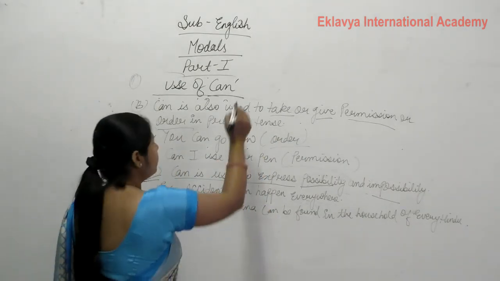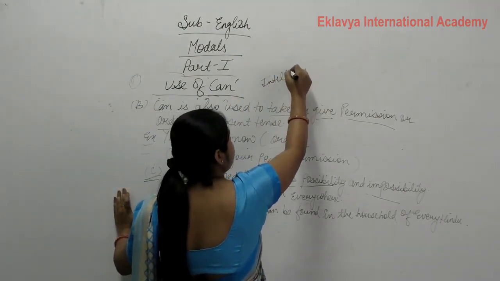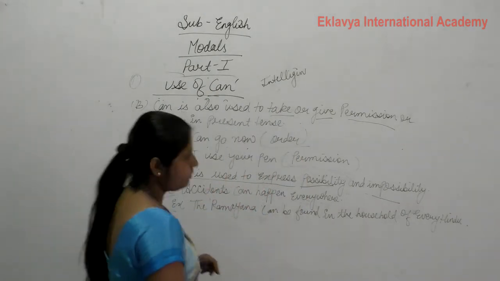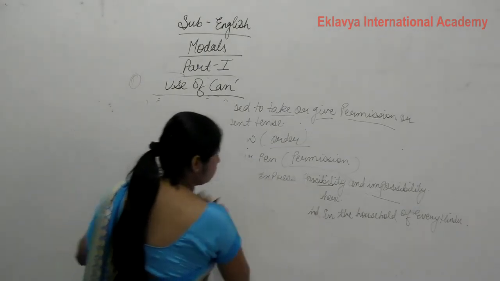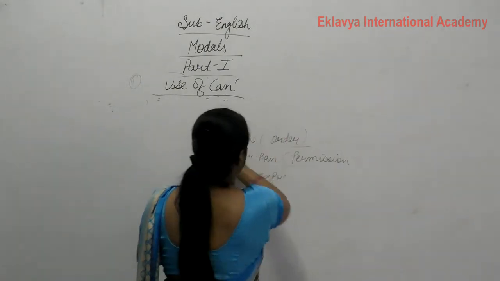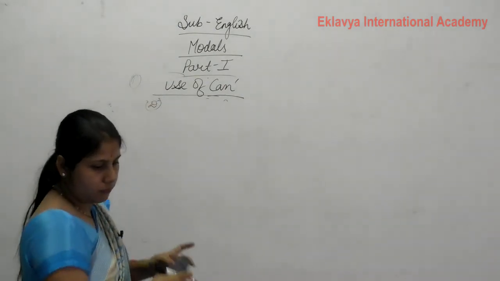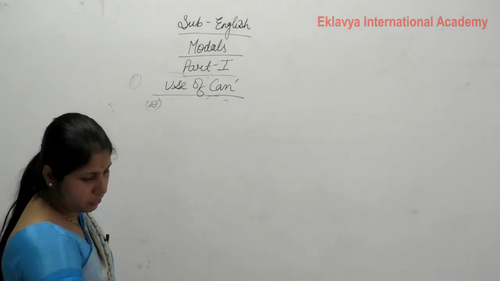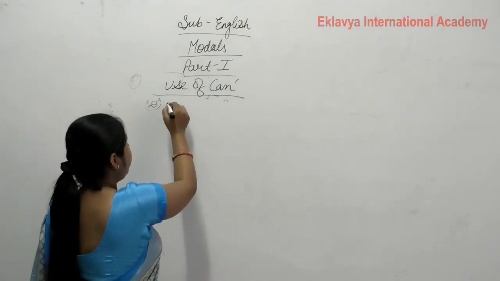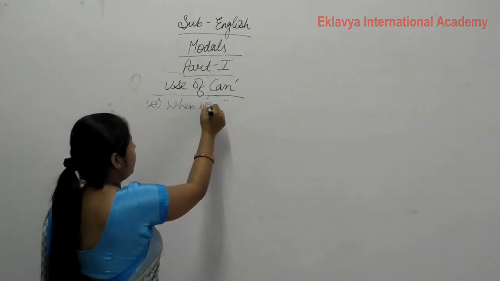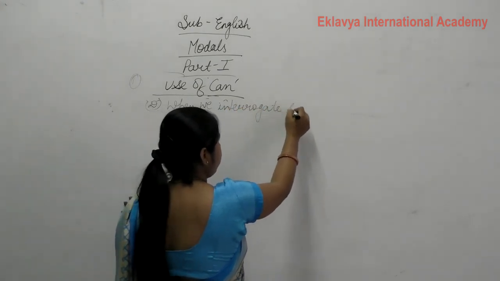Can is used for intelligence, like cleverness. Write down another one. Can is used when we interrogate something.